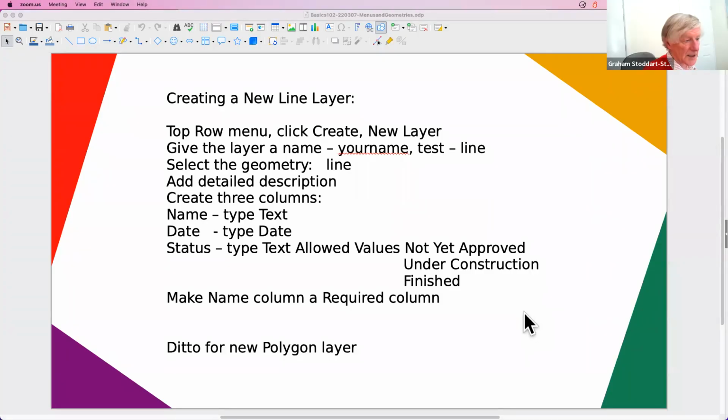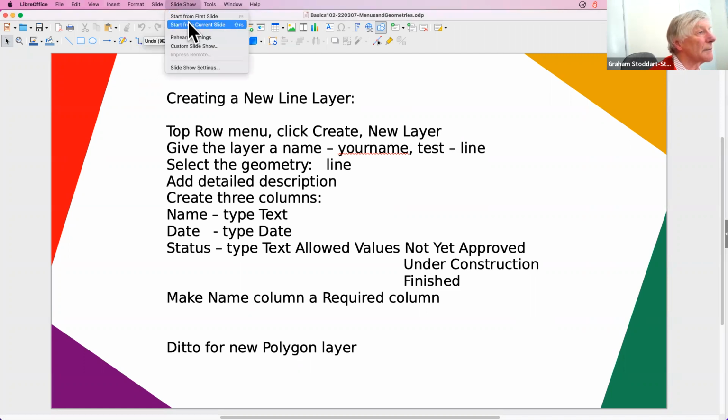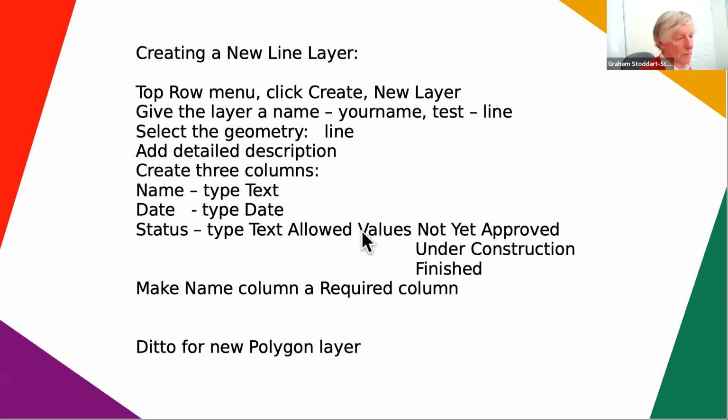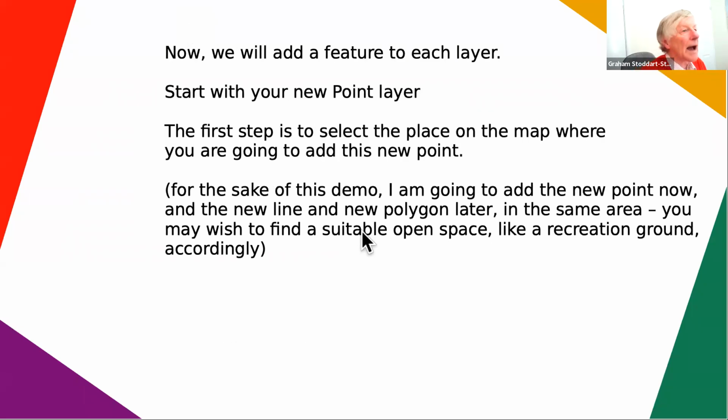So the next thing is, I need to go into slideshow here. There we go. And what we're going to do now is add a feature to the layer. So for Claire and Nuala, the first thing we're going to do is select where you're going to put these features.